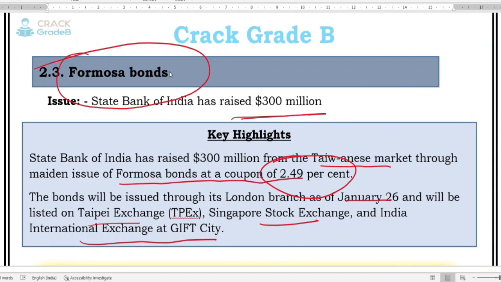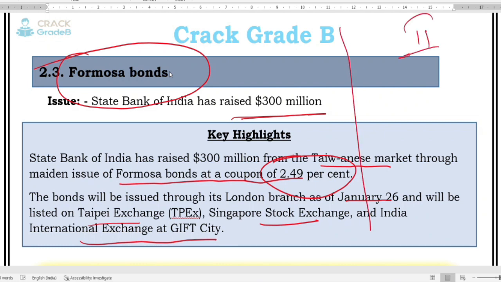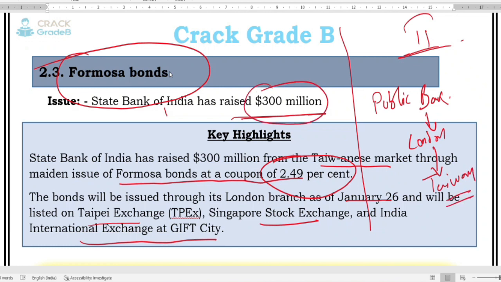So look, this is a very important thing. This is not just about SBI issuing a Formosa bond and raising 300 million. That is one part of the news. The other part is that SBI is a public bank, and through its London branch it raises money in Taiwan, and the amount is 300 million.